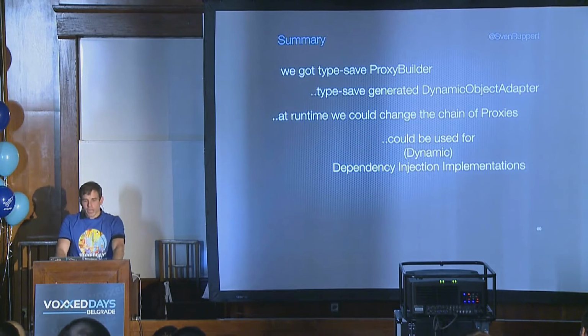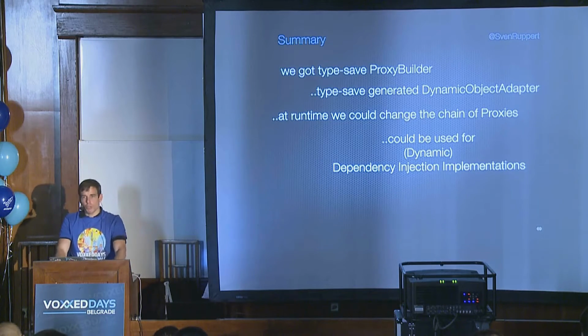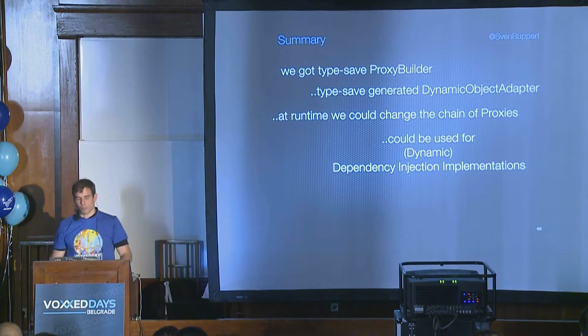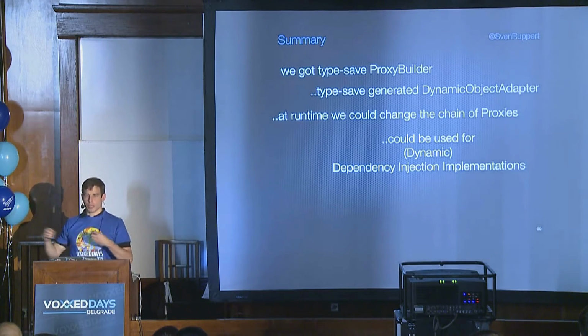So we got the type-safe proxy builder. This is not bad. This type-safe generated dynamic object adapter will save a lot of time finding out who's implementing the right one or not the right one. At runtime, we could change the proxies. If you have a chain of proxies, it's nothing else like a linked list.